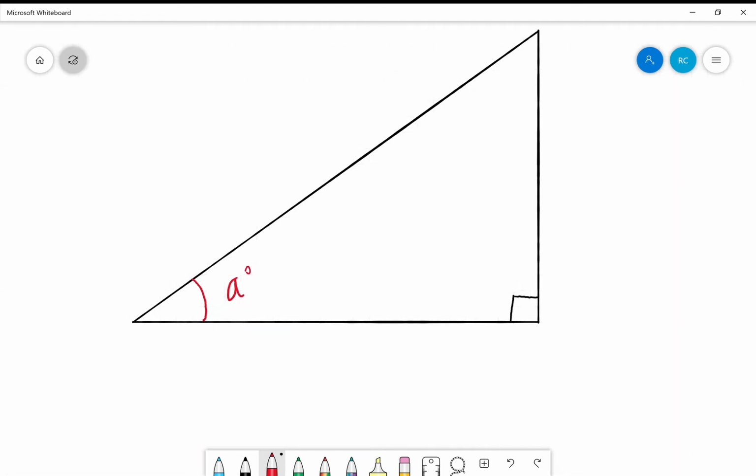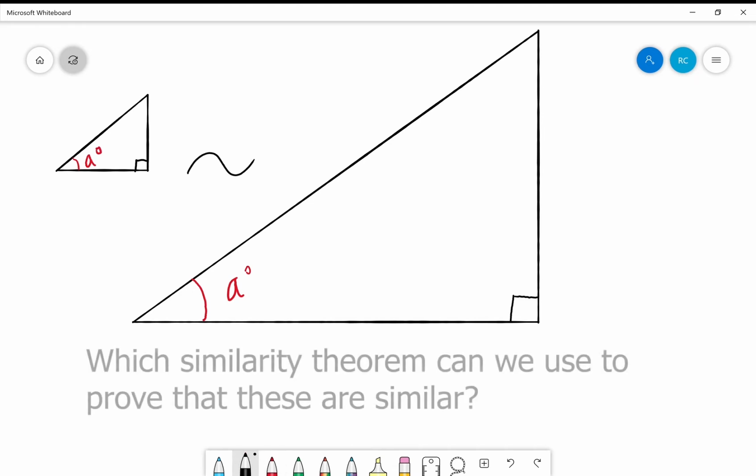Now, I think at this point, we can all agree that if I made another right triangle that also had A degrees on one of its two angles, those two triangles would be similar.